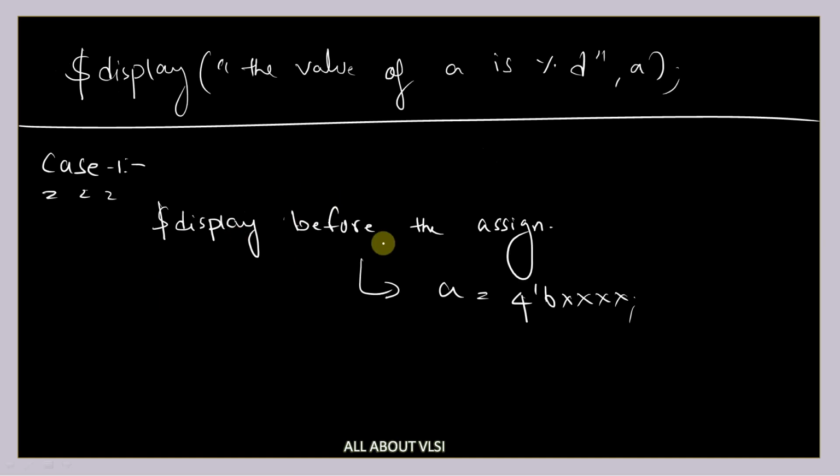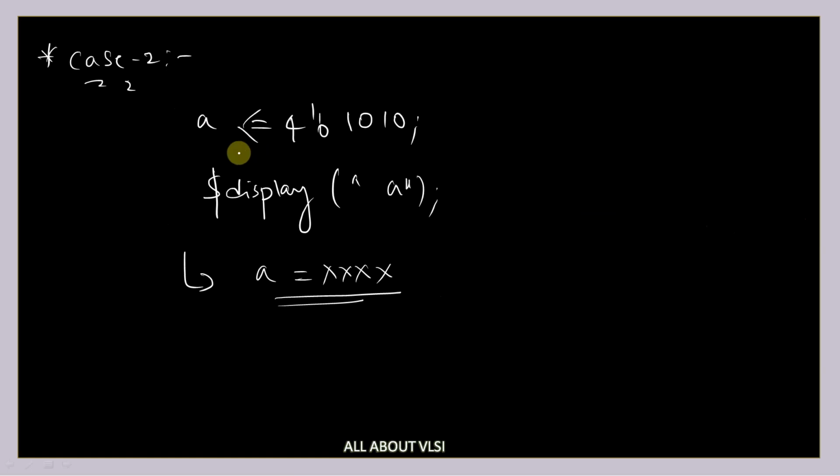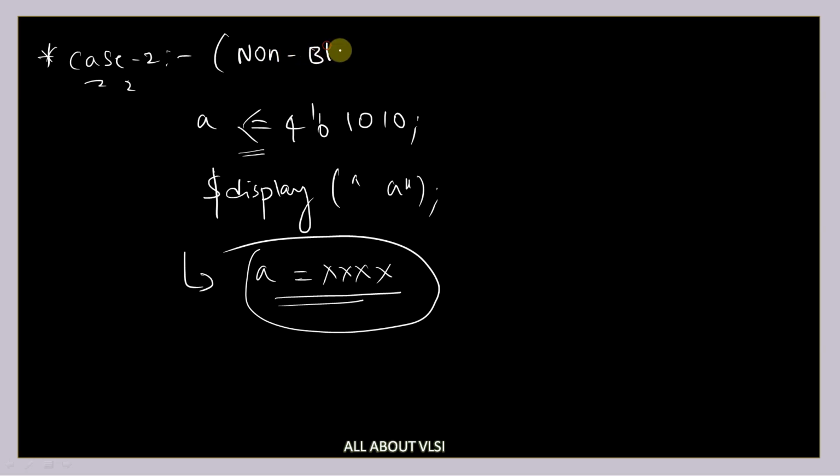So case 1 was using the $display statement before the assignment, and then also I am getting unknowns only. This assignment is a blocking assignment we are using. Case 2 was using a non-blocking assignment with the $display statement below it, and then also we were getting unknown. The important thing to note is that we were using a non-blocking assignment.